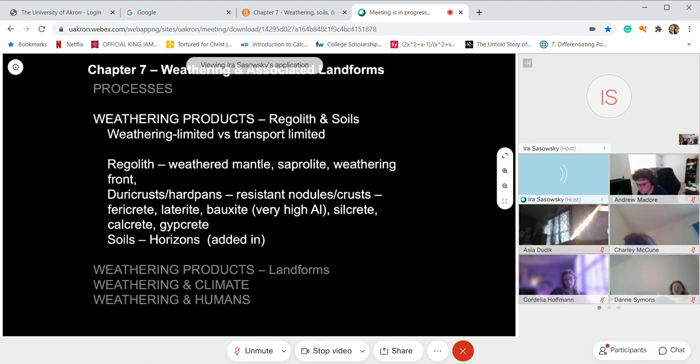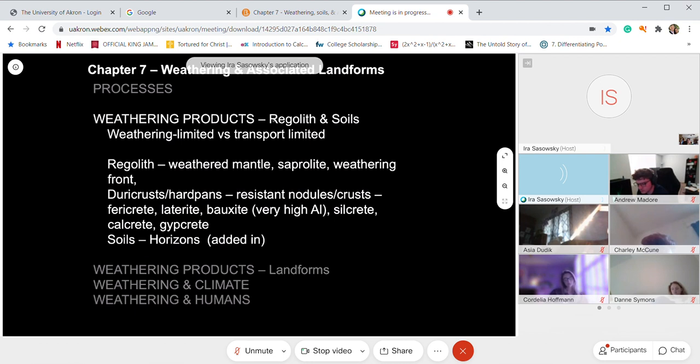Duracrusts and hardpans are another type of weathering product, and these come in a variety of names and types. A duracrust occurs when we have dissolved material precipitating within or on top of the weathered mantle.